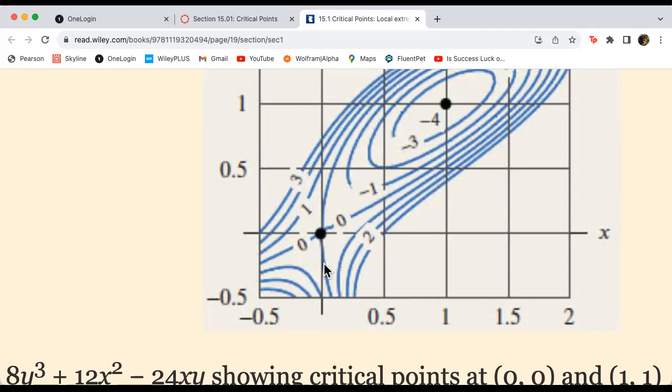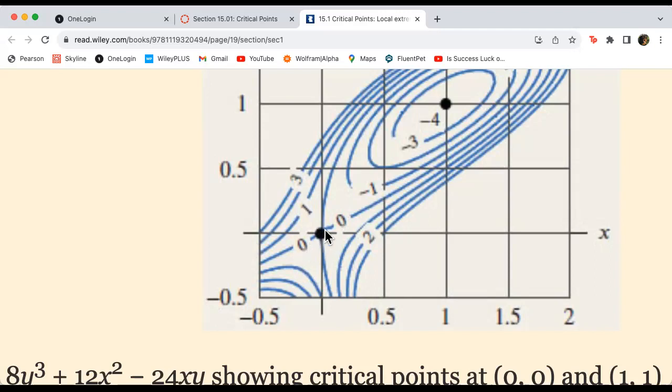Everybody see that? At that 0 point, I've got this ridge running through it where it's a low point. Here's a 1 down to 0 up to 1. So standing here and looking in the direction of, say, 135 degrees and 315 degrees, we see it going up. But if we look at 45 and -45, we see it falling down.